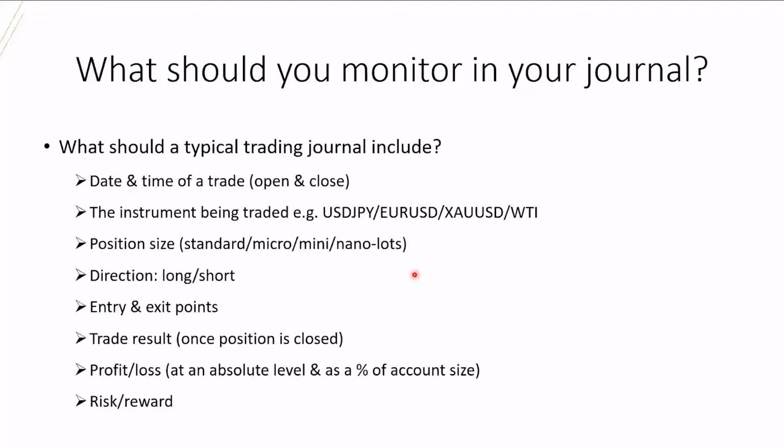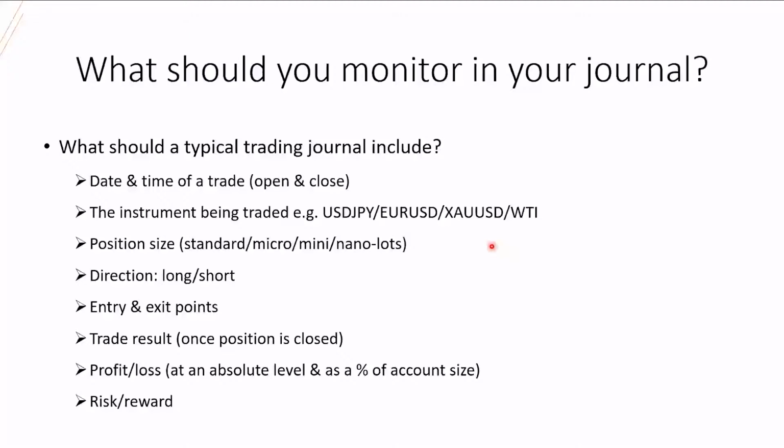The next item that you would have to include would be position size. Now, what is position size? This is the type of contract that you are trading. It could be the standard contract, the micro, the mini, or the nano lots, depending on your preference.